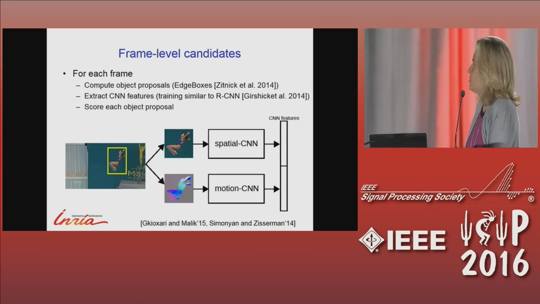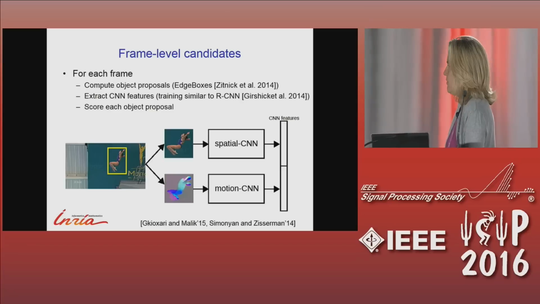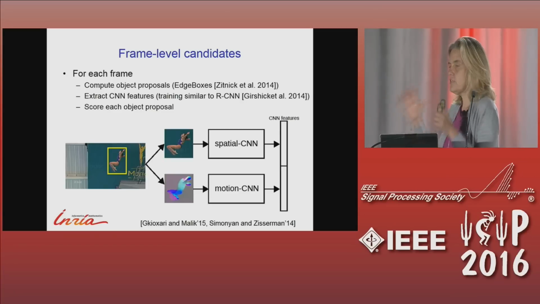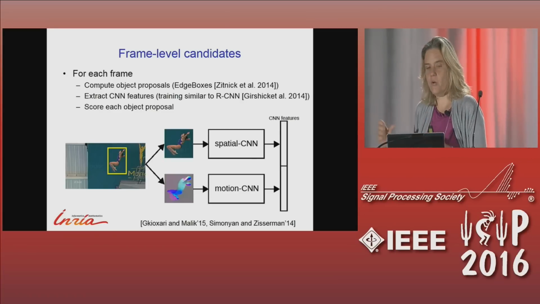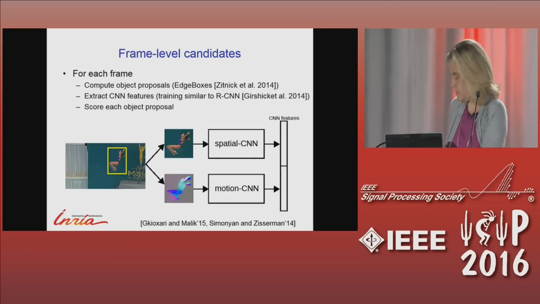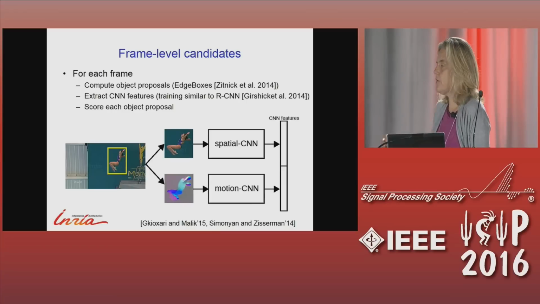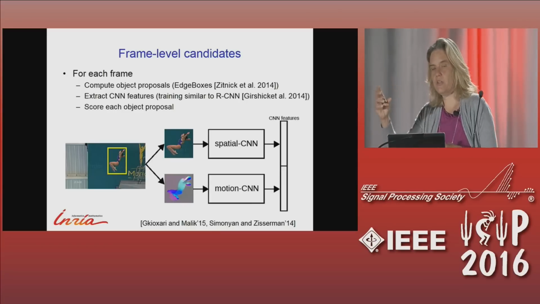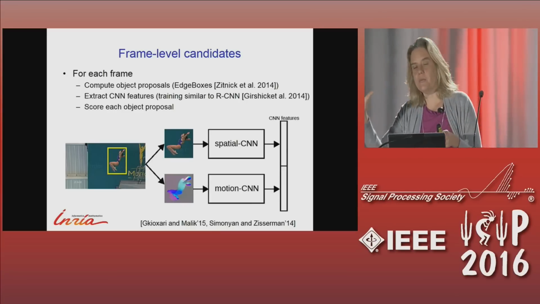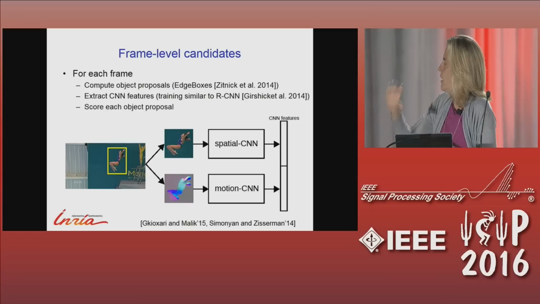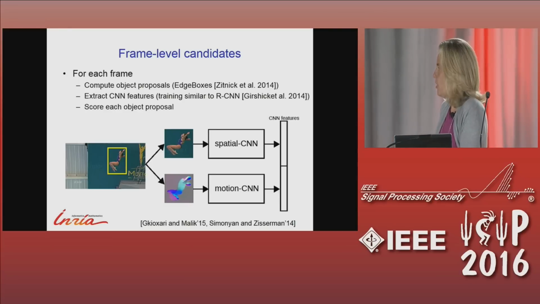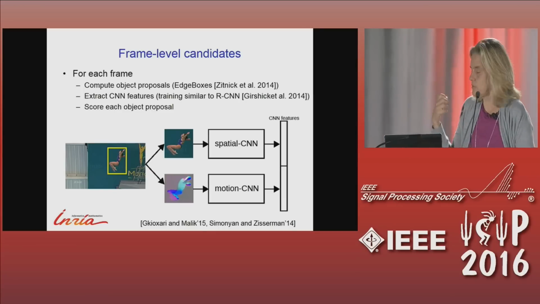For the motion features, we have this localization, and for this localization we extract optical flow, and then we can learn these motion CNNs, which learn flow patterns. You can show that over a small number of frames, you can learn how these objects move and use that to classify the object as performing a specific motion and to single it out.